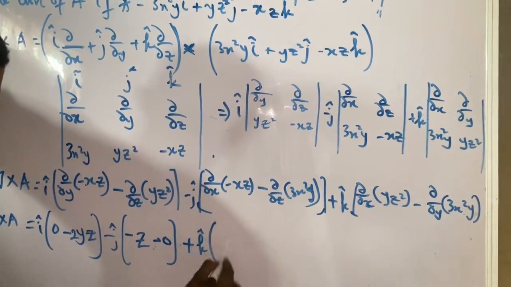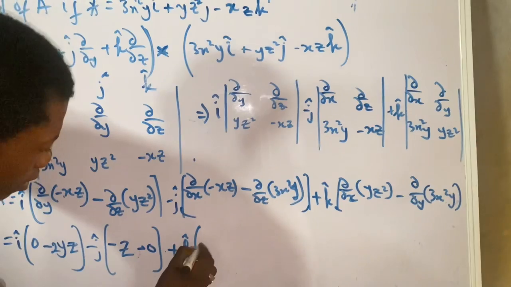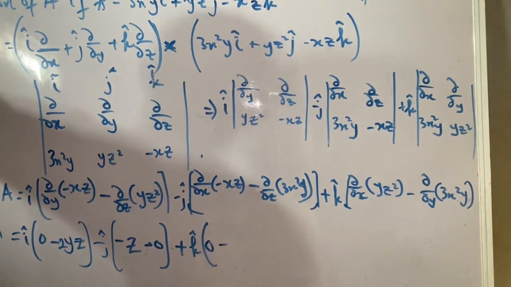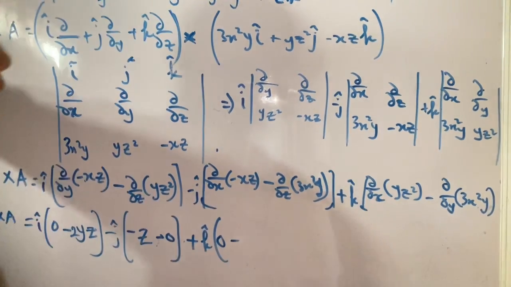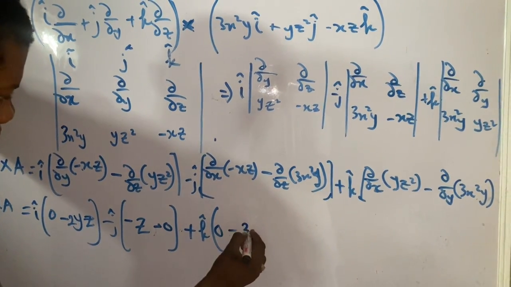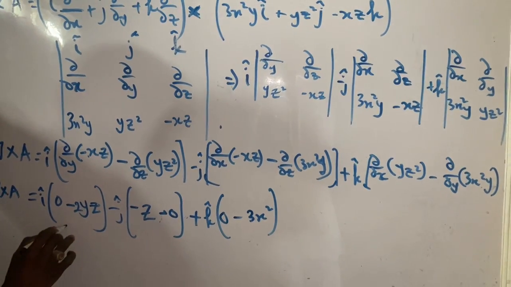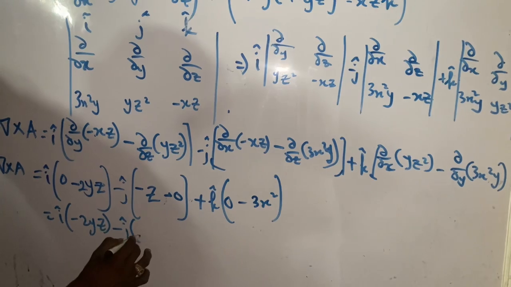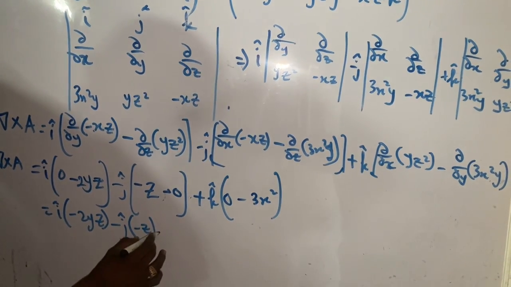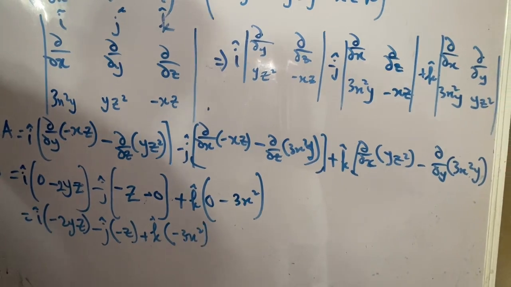Plus k. Differentiate yz squared with respect to x. That is 0 because no x there, they are constant. Minus differentiate 3x squared y with respect to y. Then y disappears, 3x squared. So we're left with i times minus 2yz, minus j times minus z, plus k times minus 3x squared.